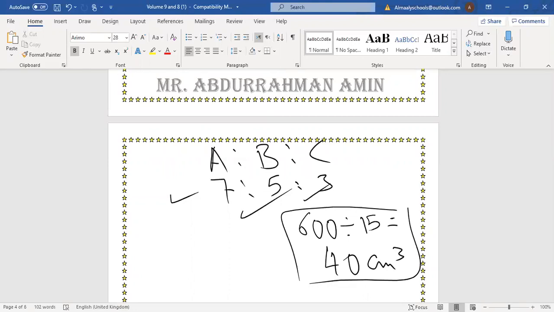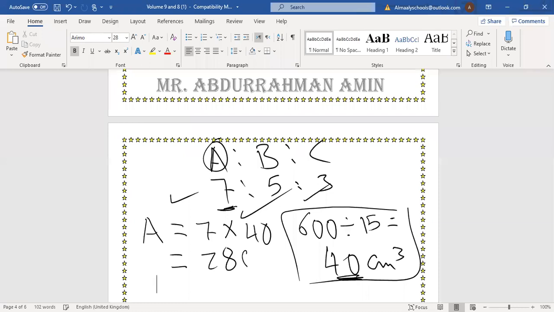So what will be the volume of sphere A? Because A has 7 parts, it will be 7 multiplied by 40, equal to 280 centimeter cube.